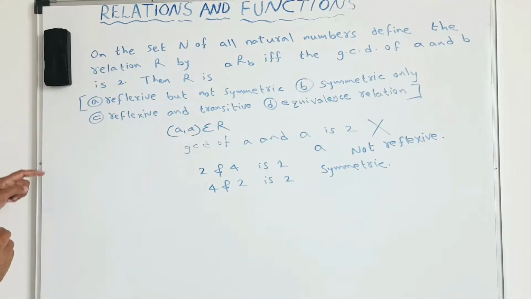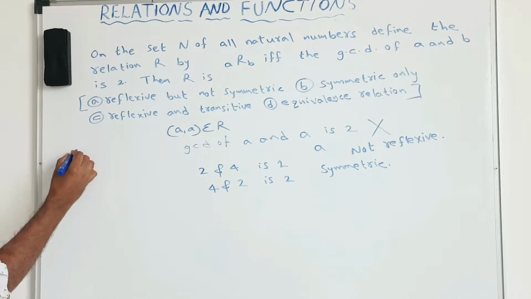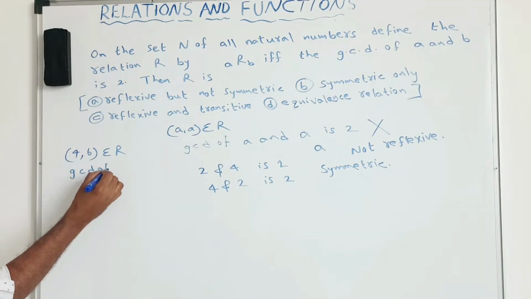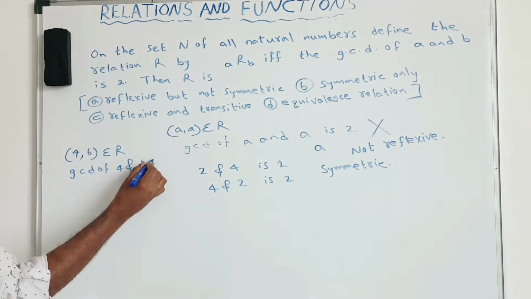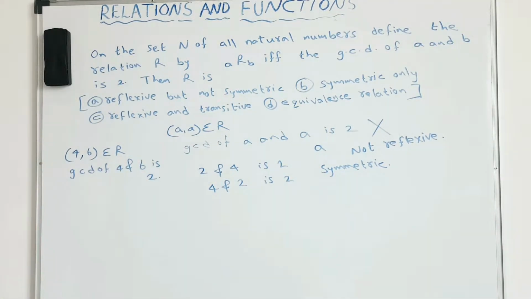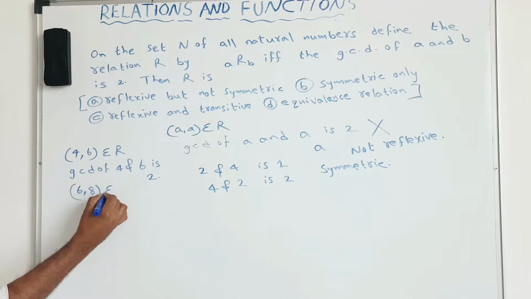To check whether it is transitive or not, I am taking an example. 4 comma 6 is an element of R. The greatest common divisor of 4 and 6 is 2. So 4 comma 6 belongs to R. Now I am checking whether 6 comma 8 is an element of R or not.